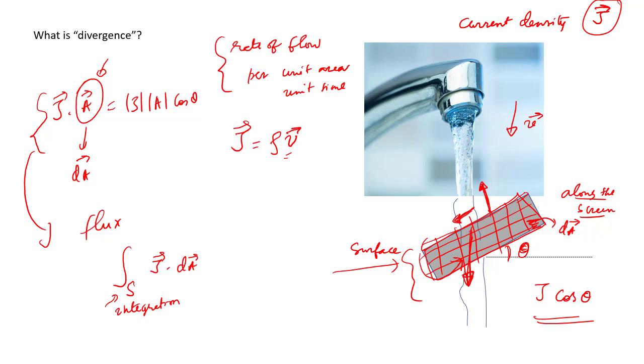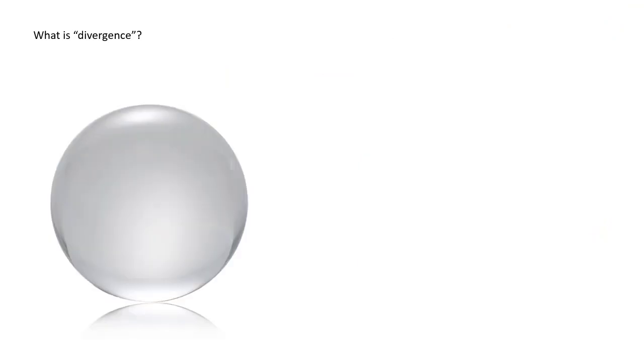So now imagine, for example, a sphere. If there is some flow into it or out of it, we would like to describe that flux, that is the flow into the sphere or outside the sphere. So we want to encapsulate this idea of flux for an arbitrarily small point without introducing any surface.